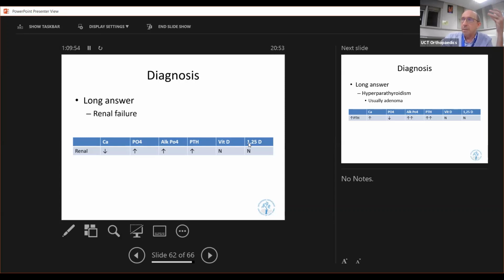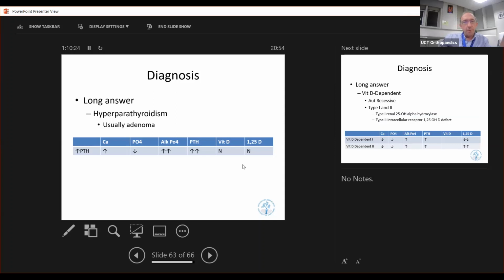Your alk phos is being turned over because of your parathyroid hormone, both of which are up. You're trying to maintain calcium homeostasis. Your vitamin D generally, because your dietary vitamin D is normal, is going to be okay, and your 1,25 may be normal or diminished because down the line you're not converting it. But in general, this is going to be the picture in renal failure.